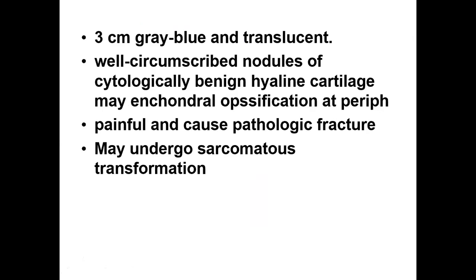They are mostly 3 centimeters in size, grayish blue and translucent, well circumscribed nodules of benign hyaline cartilage. May undergo endochondral ossification at the periphery. Sometimes they cause pathologic fractures and rarely undergo sarcomatous transformation.